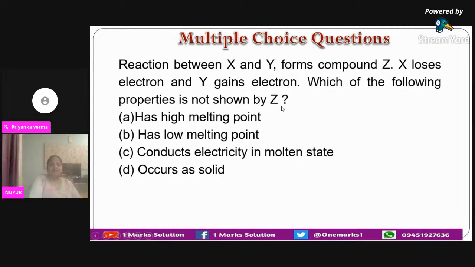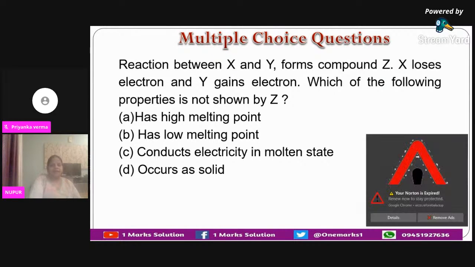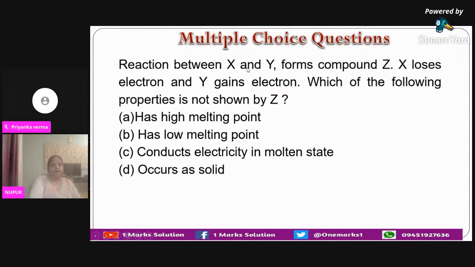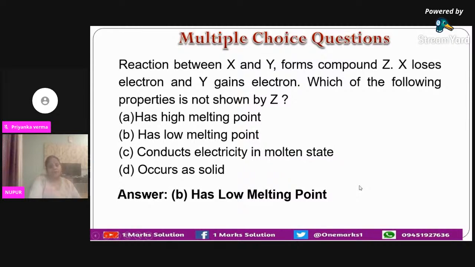Once we have identified Z, we want to know which of these is not shown by Z: it has high melting point, has low melting point, conducts electricity in molten state, and occurs as solid. Now, by now you have identified that Z is an ionic compound, and so you know that it will never have a low melting point. And so the answer is B. It is not a property shown by Z.